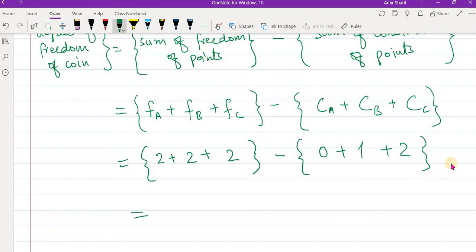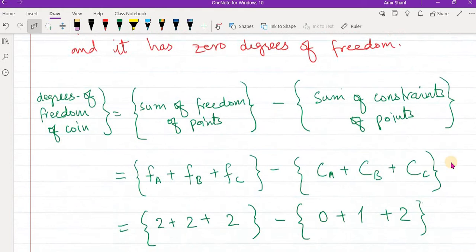Now we just have to sum them all, and it will be 6 minus 3. So if we subtract, we have 3. So it means that this coin on a table will have 3 degrees of freedom.